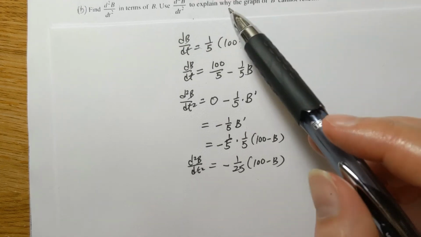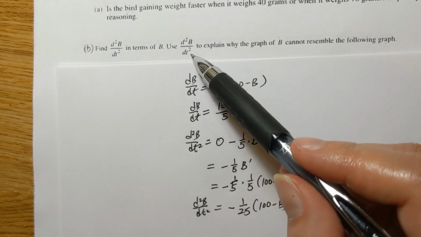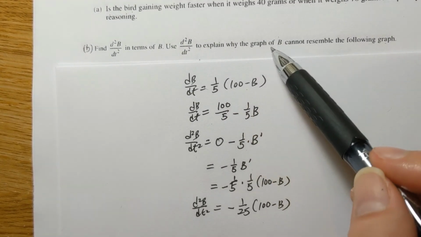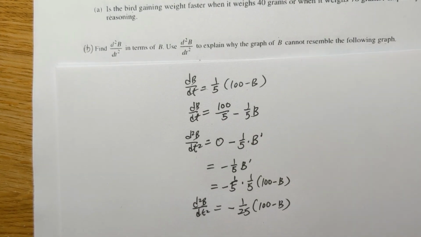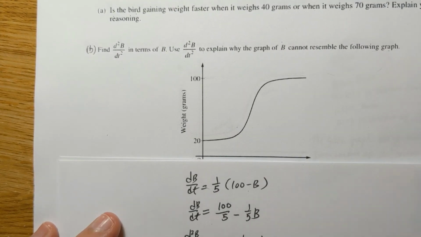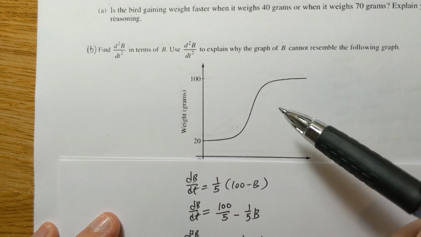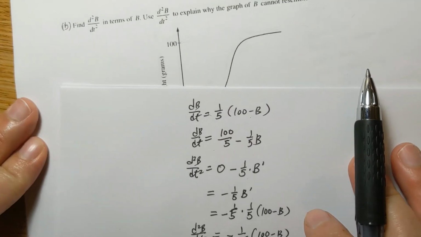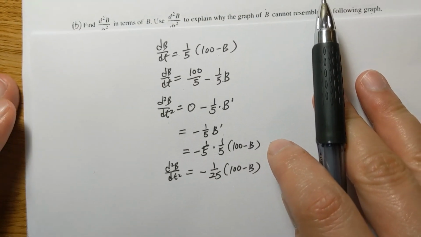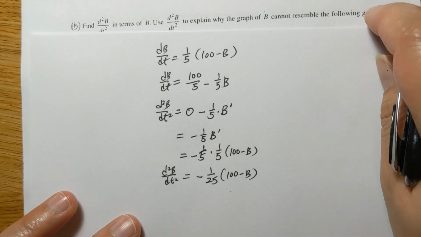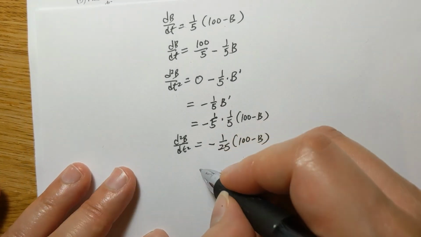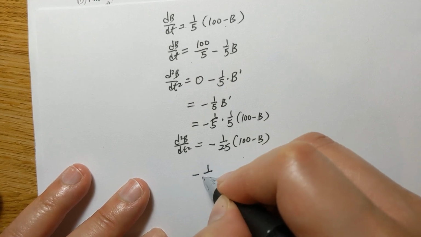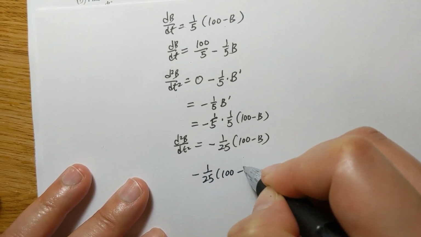And I need to use my second derivative to find the concavity of B and make sure the concavity doesn't match this concavity over here. So in order to determine the concavity of the function B, I need to find the point of inflection. So I make my second derivative equal to 0.